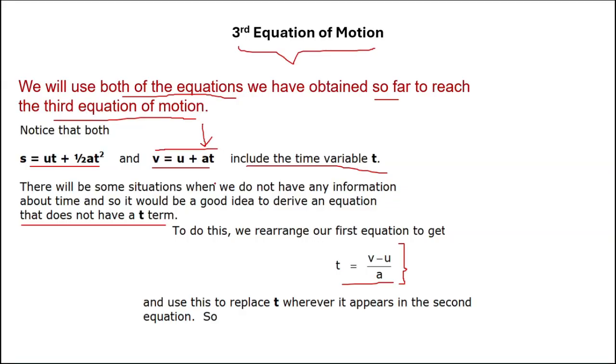So we will use this to replace t wherever it appears in the second equation. So we will put this value of t in our equation number 2. This is our second equation of motion, and we will put the value of t here. This is the value of t.